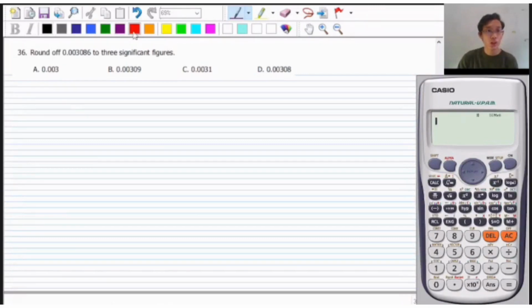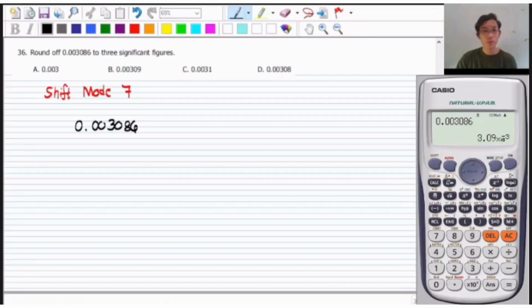Okay, so, ano lang yan? Shift mode 7. Okay, so 0.003086. Input mo lang yan. Lalabas yung final answer. That will be 3.09 times 10 raised to negative 3.